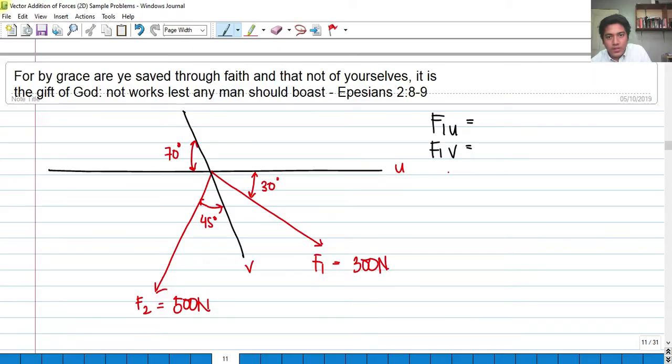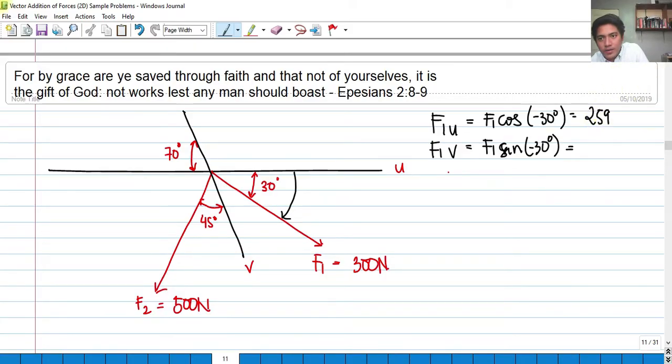If I'm going to get F1U, I'm going to get F1 cosine, since this is measured clockwise from the U, I will label this as negative 30 degrees. And I have F1 sine negative 30 degrees. F1 cosine, which is 300 cosine negative 30, would yield 259.81 newtons. And 300 sine negative 30 would yield negative 150 newtons.